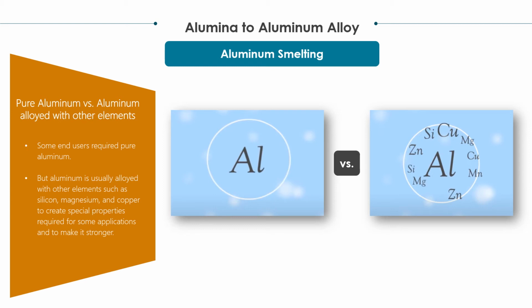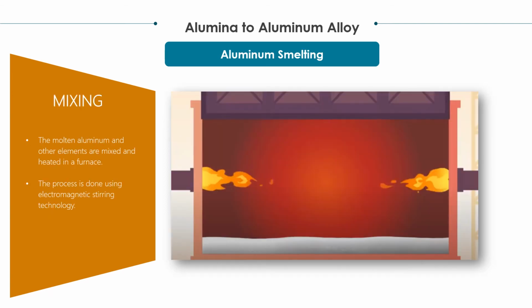Some end users require pure aluminum, but aluminum is usually alloyed with other elements such as silicon, magnesium, and copper to create special properties required for some applications and to make it stronger. Mixing takes place as the molten aluminum and other elements are mixed and heated in a furnace.